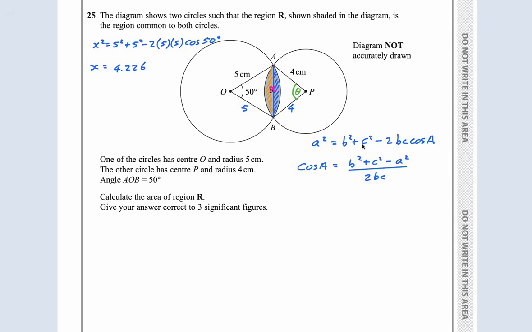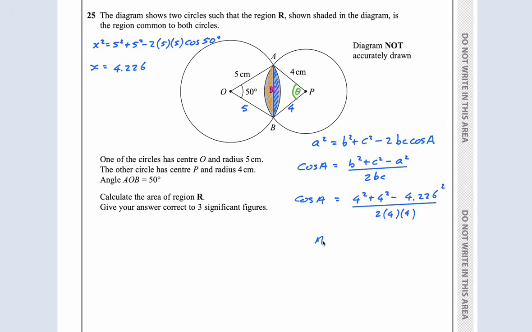So either figure out how to rearrange this, or just learn off that. That means cos a is equal to b squared plus c squared minus a squared. That's my 4 squared plus 4 squared minus a squared, which is this guy, 4.226 squared, all over 2 times 4 times 4.